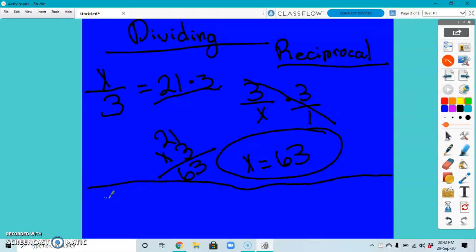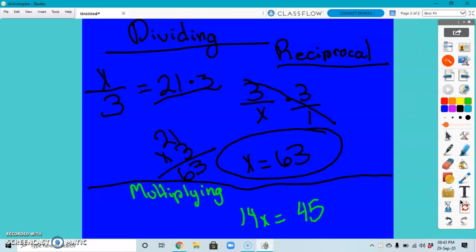So now I'm going to use the multiplying for the big numbers quickly. So let's say you have 14x equals, I'll say 45, just to say.